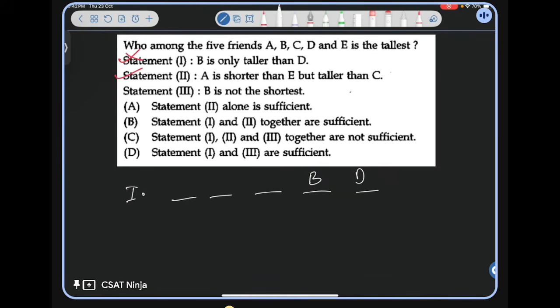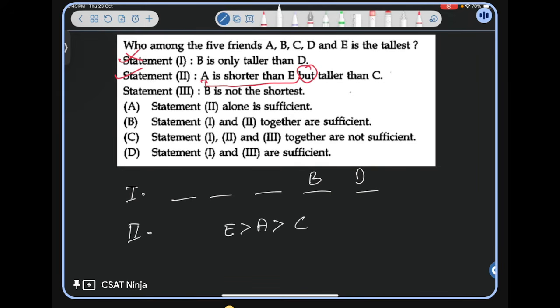Let us check statement number 2. It says A is shorter than E. That means E is taller than A, but A is taller than C. We are talking about A here.